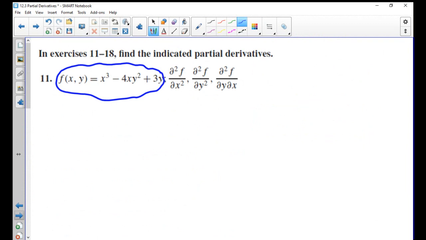So it should be easy to differentiate. Here, we want these 3 second order derivatives. So you want fxx, you want fyy, and you want fxy. So try please. Okay, so try this 11.